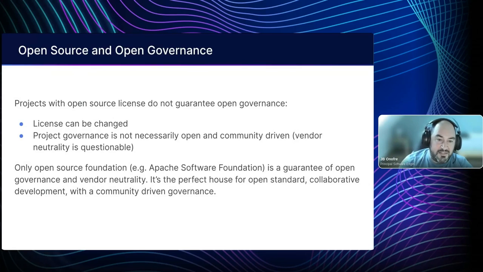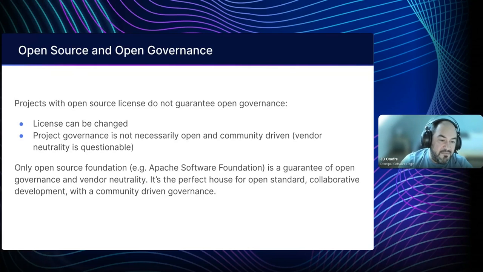We have recent stories about that, where some projects that were open source up to now decided for different reasons to change the license. So the project governance is not necessarily open and community driven. Even if a project uses an open source license, vendor neutrality is questionable, because if you have a single vendor involved in a project that decides everything, it's not really an open governance.